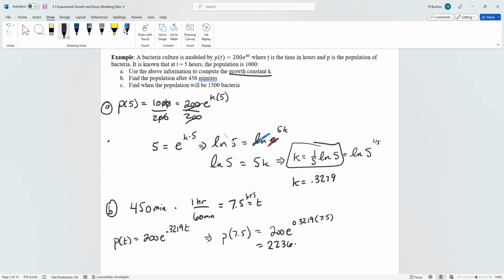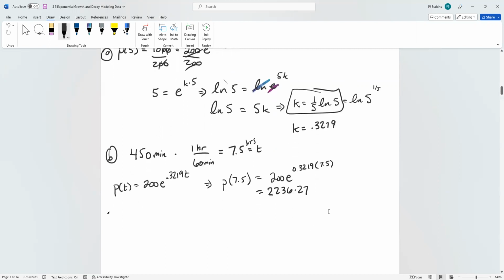So because it's a bacteria, it's a living thing, let's just round to the closest whole number. Particularly if I ever get a percentage of something, I always round up because it's a living creature. But I believe in most cases in the text or in your homework, they're going to round down. So let's go with 2236 because it's closer to that.